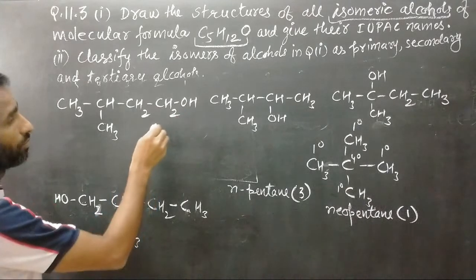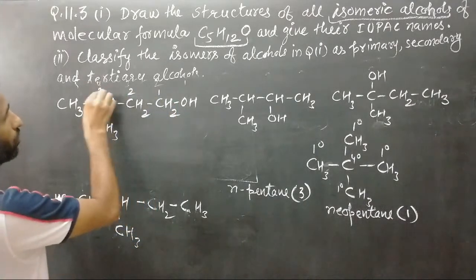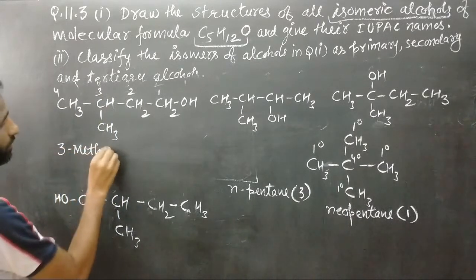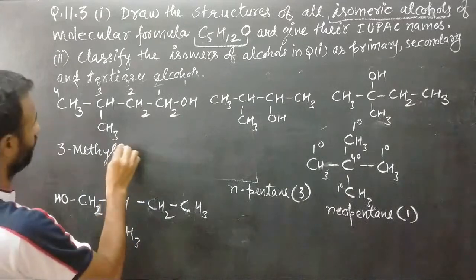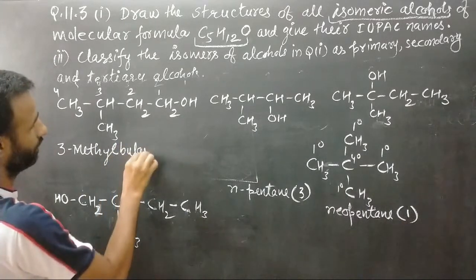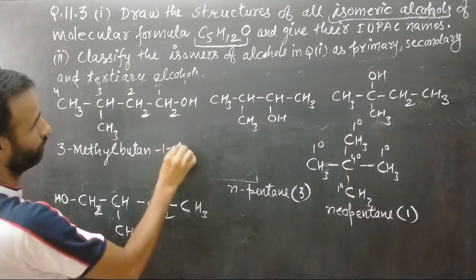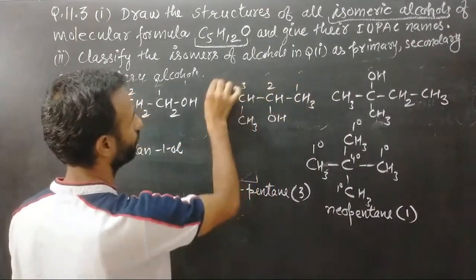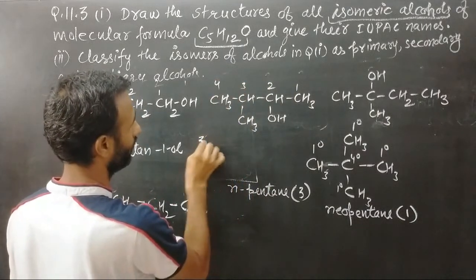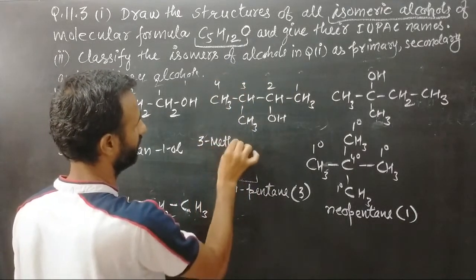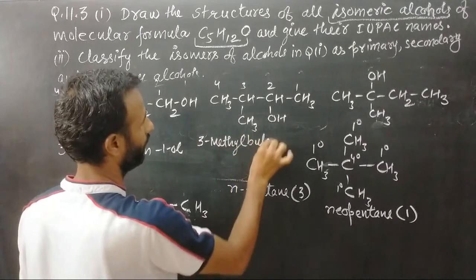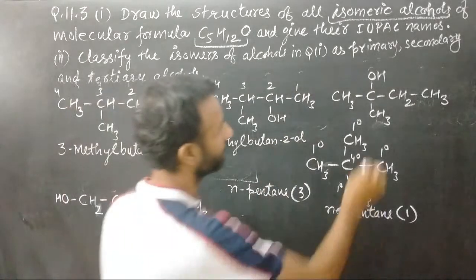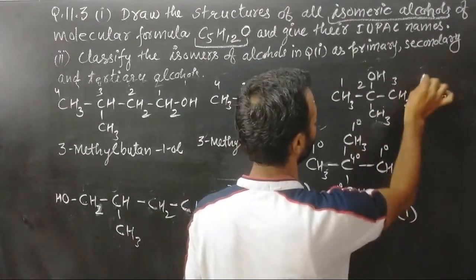This one is, see, 1, 2, 3, 4. So 3-methylbutan-1-ol, right? And what about this? 1, 2, 3, 4. 3-methyl butan-2-ol. This one, 1, 2, 3, 4.